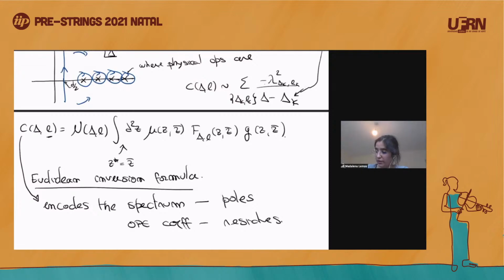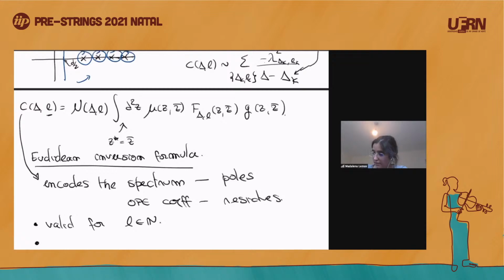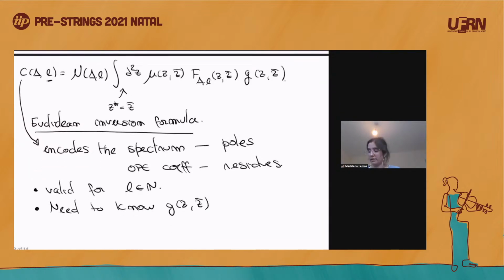You saw that L was an integer throughout in every equation I wrote. So this still doesn't help me like I wanted. It still doesn't tell me what I wanted to learn. And this is where Caron-Huot came in and got to this Lorentzian inversion formula.